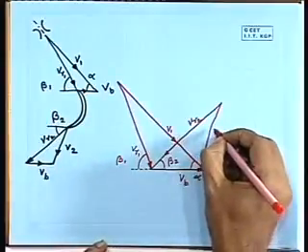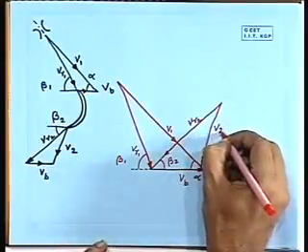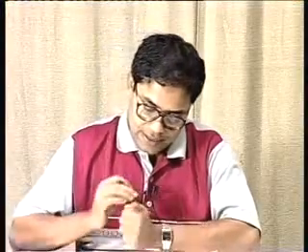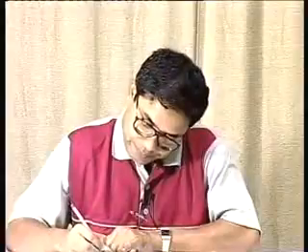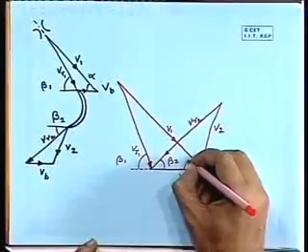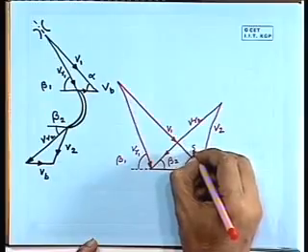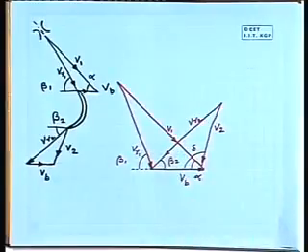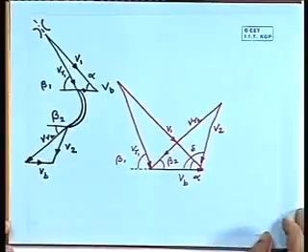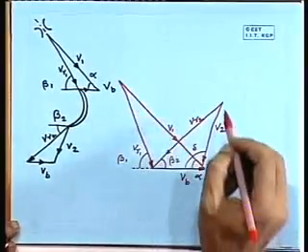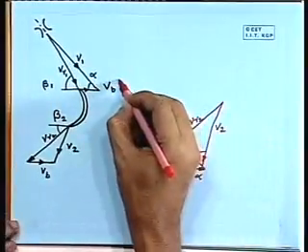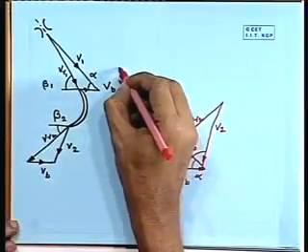This is Vb and this is V2, the absolute velocity at exit. Another angle has to be defined. Let us say this angle and give it the name delta. Now we can define a few more things.